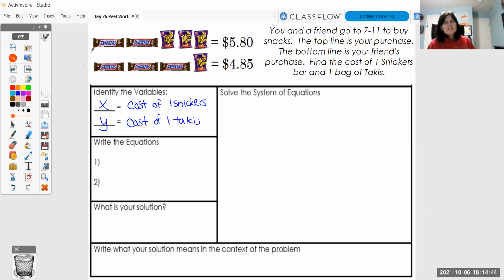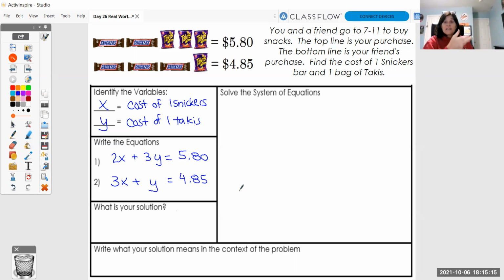So our equations, in this case, are pretty much visually written for us, right? In this first one, we have 2 Snickers plus 3 Takis equals $5.80. The second one, your friend's amount, we have 3 Snickers plus 1 Takis is $4.85.